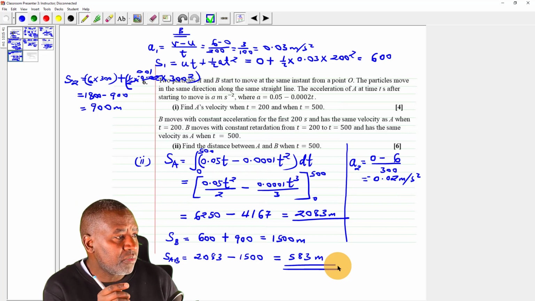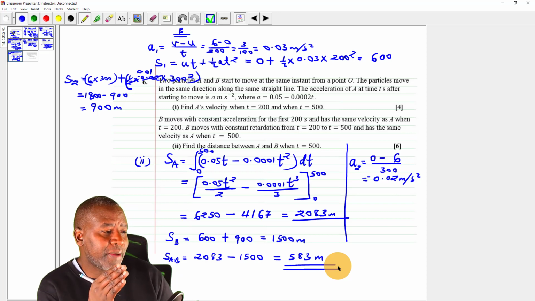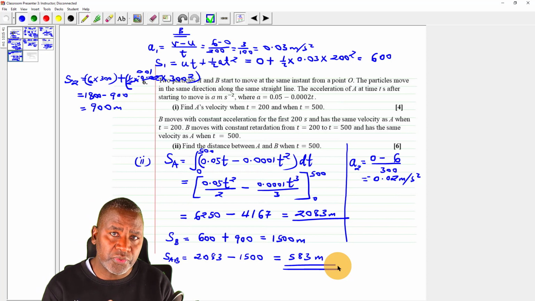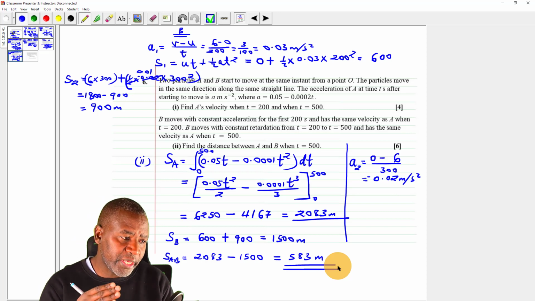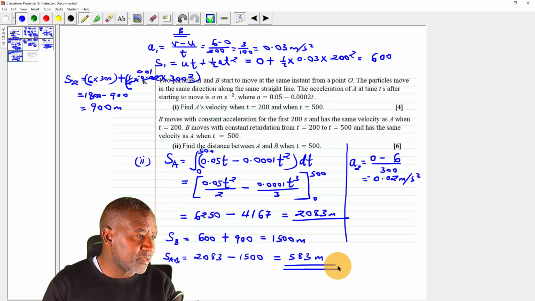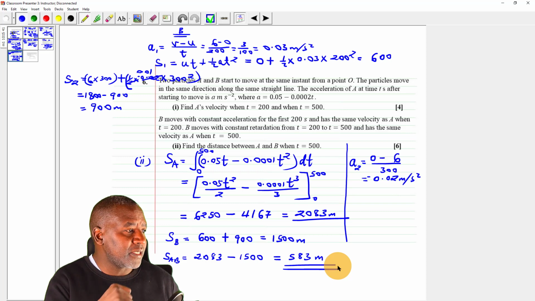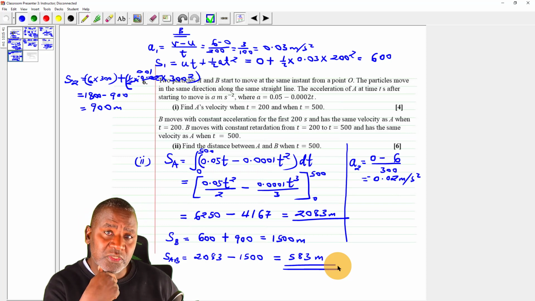Then it also combines a knowledge of the equations of uniformly accelerated motion. It's just about understanding the whole problem and then trying to apply what we have learned in kinematics as well as in integration and differentiation. And that is how question 6 is worked out.